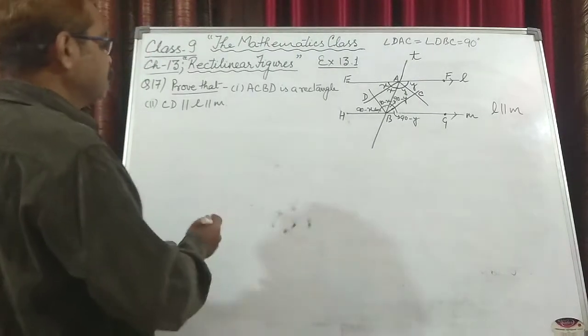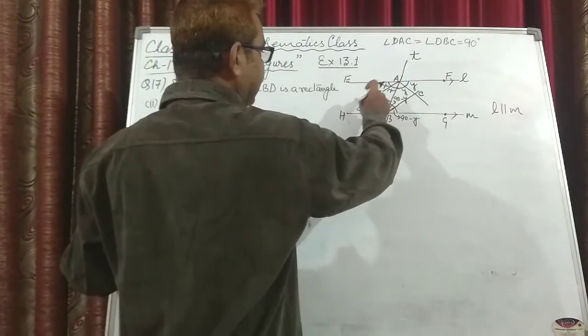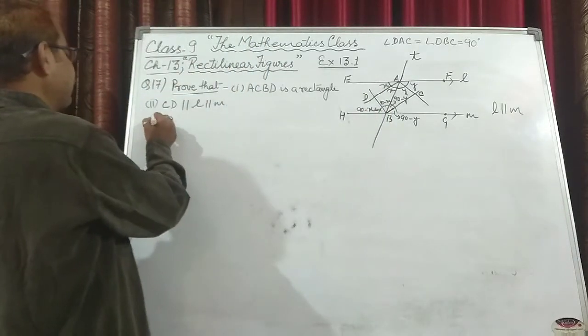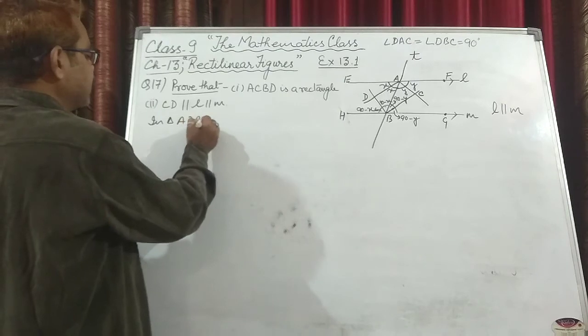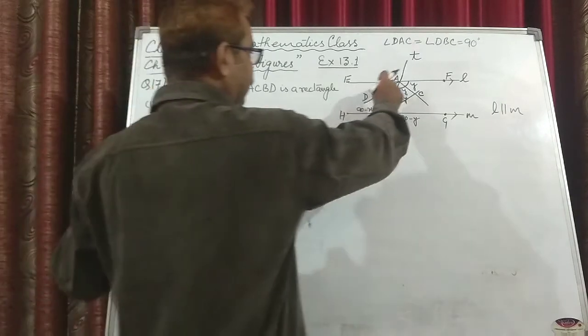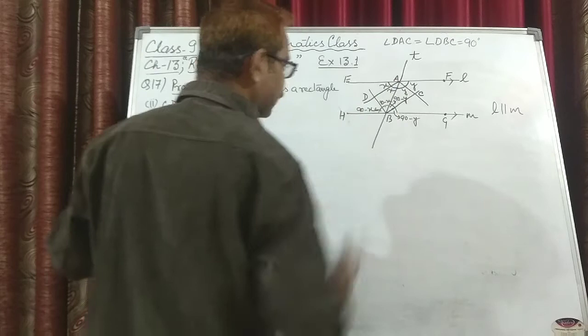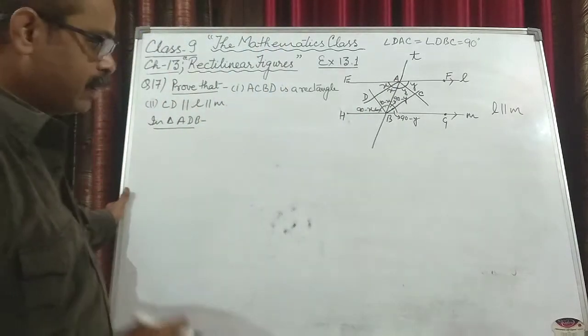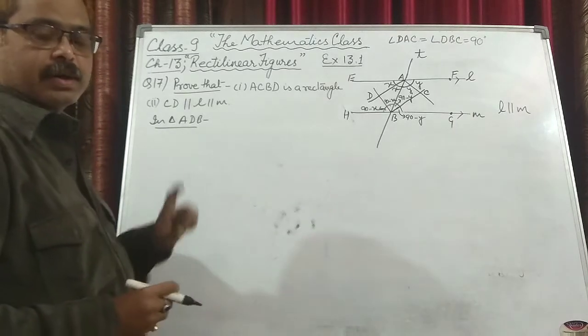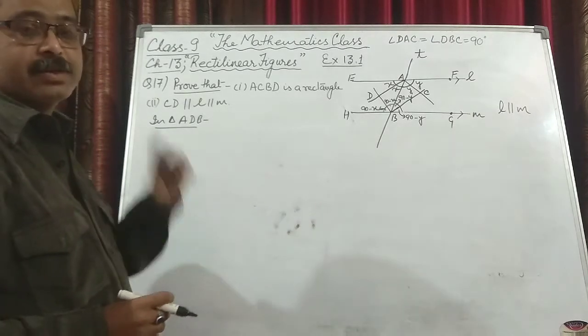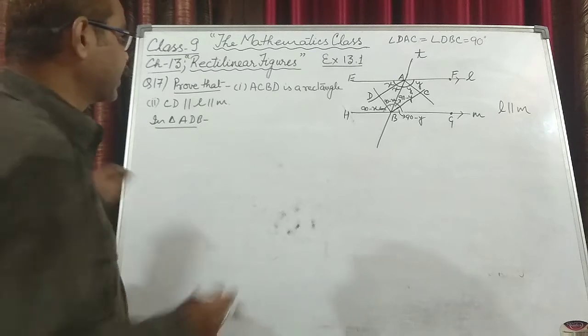Now we will take triangle ADB. In triangle ADB, we can say angle A plus angle D plus angle B is equal to 180. Why? According to the rule, what is the rule? As angle sum property means all the angles of a triangle add up to 180 degrees.